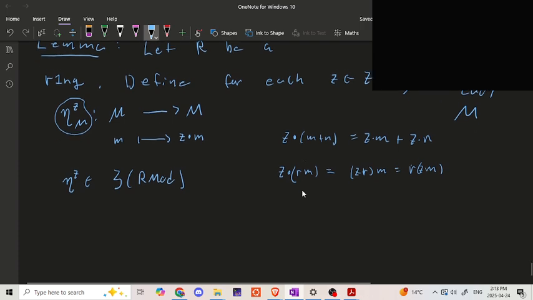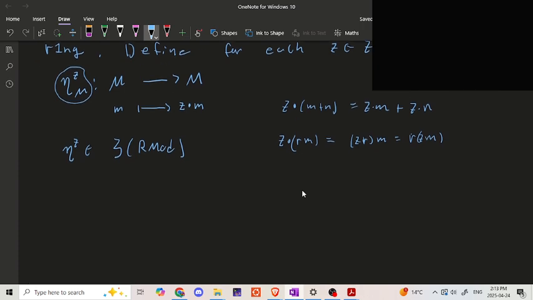Why is that? Well, how do we verify such a thing? We simply need to take an arbitrary module homomorphism, apply the identity functor to it, and then look at eta z as some endomorphism of the identity functor. So this will be eta zm, this will be eta zn, and we simply must verify the commutativity of this diagram.